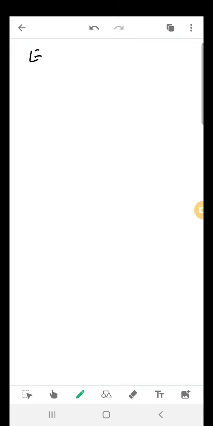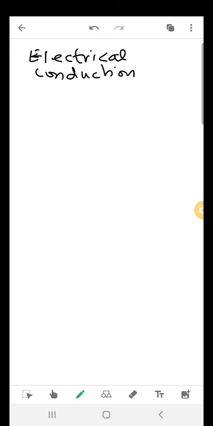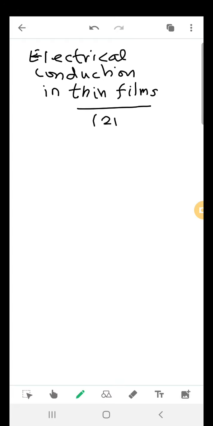In this lecture we will be talking about electrical conduction in thin films. Thin films are a major constituent when we are dealing with nanoelectronics, because a thin film is a two-dimensional nanomaterial.